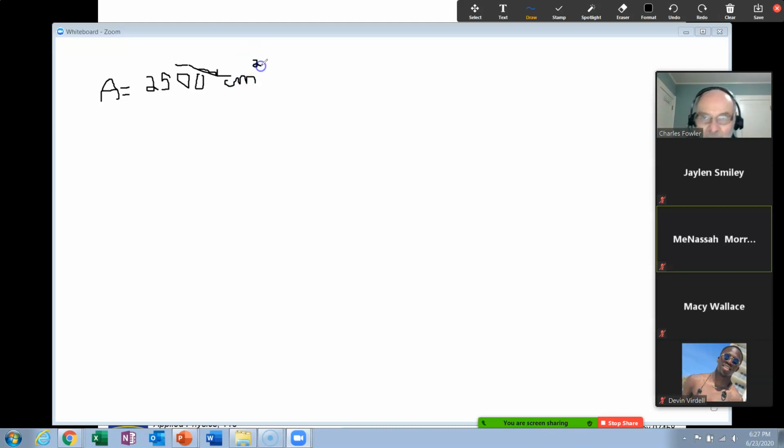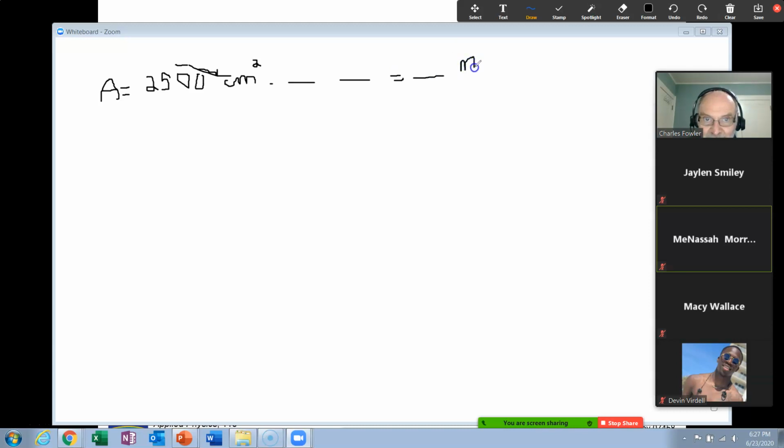All right. We've got a problem already. This is not an SI unit. Square centimeter is not an SI unit. We need to get this to an SI unit, and we do want this to be square meters.